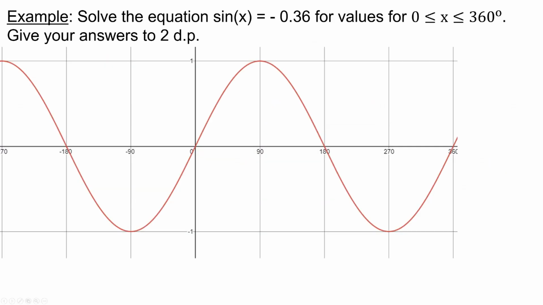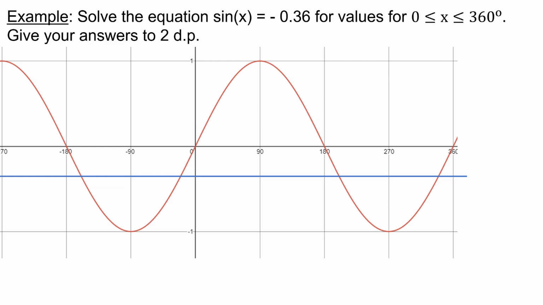For example, we might want to solve the equation sine x is equal to minus 0.36 for values of x between 0 and 360. So even though we want solutions that are positive between 0 and 360, or non-negative I should say, it's still helpful to consider the negative part of the graph. I'm going to start exactly the same way as before, and draw a horizontal line, y equals minus 0.36.